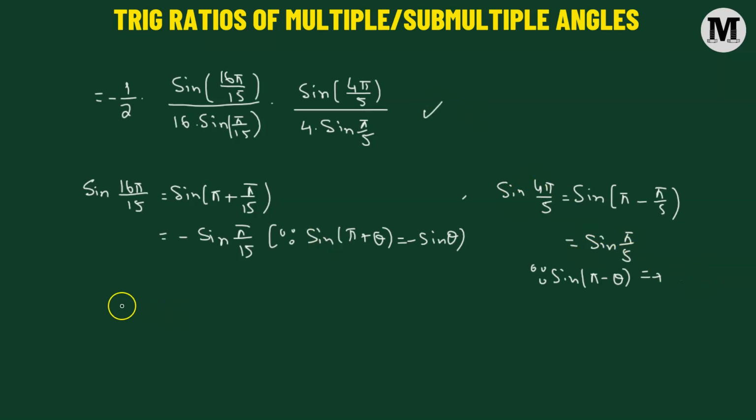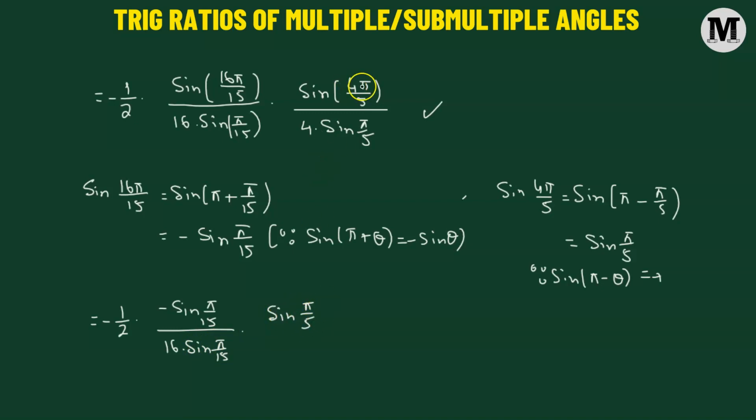So let's rewrite this expression. So we now have negative half multiplied to, so sine 16 pi over 15 can be replaced with negative sine pi over 15 divided by 16 multiplied to sine pi over 15 multiplied to sine pi over 5.